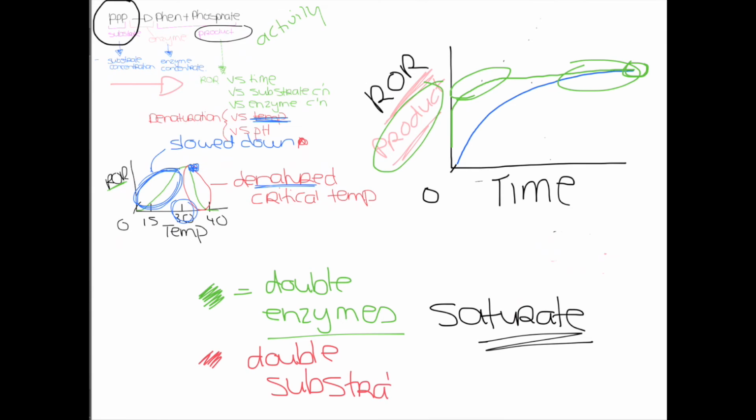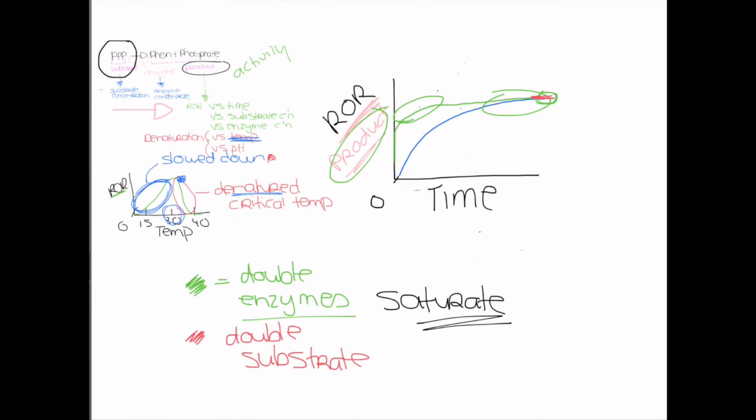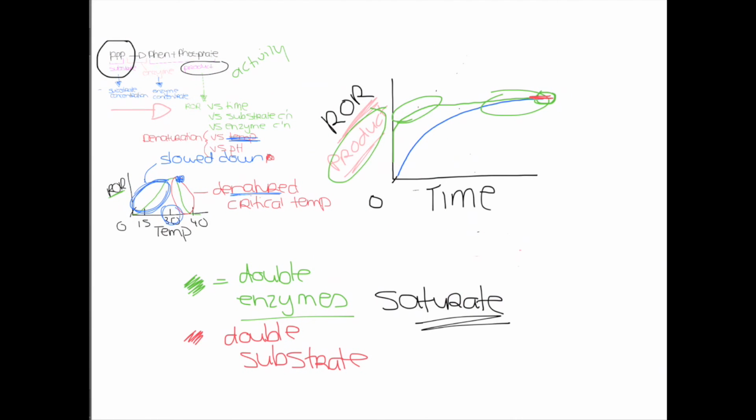If I doubled the substrate concentration, so this is the amount of product that I was producing. Now this isn't going to be accurate because I haven't left myself enough space unless I do this. That's better. So this is the amount of product that's been produced. Let's just give it a number: that's 5.